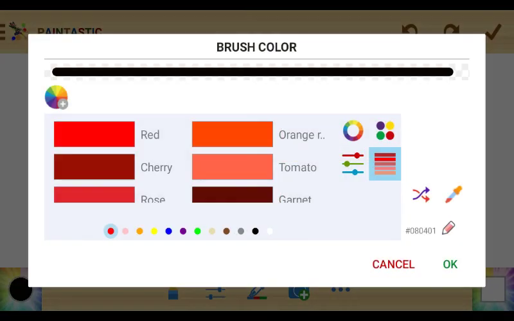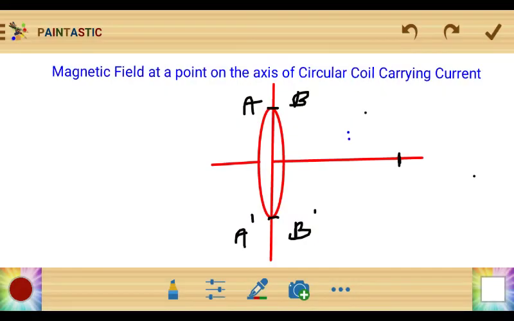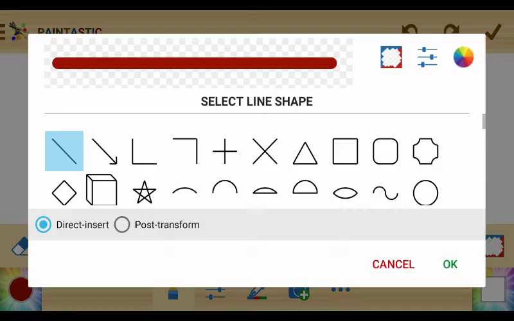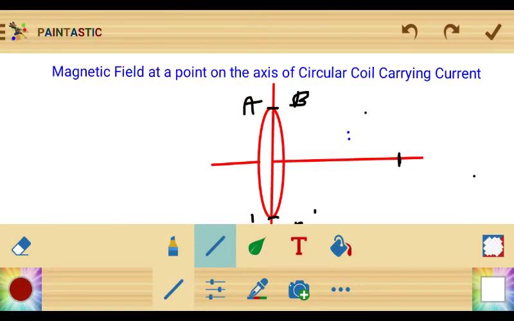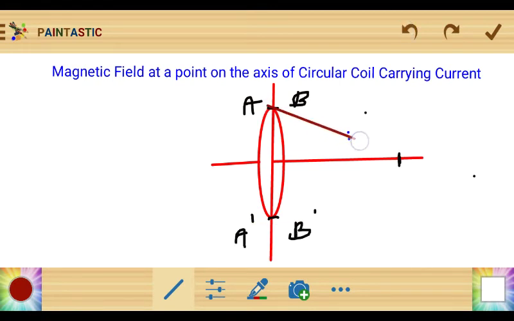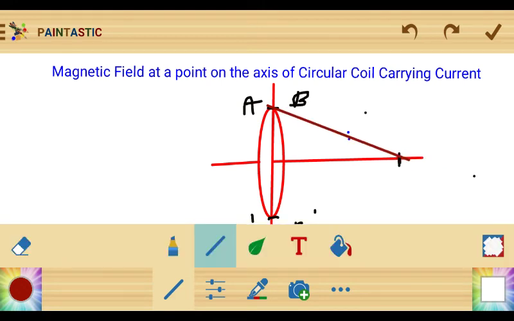Now from this current element AB, and from the bottom as well.